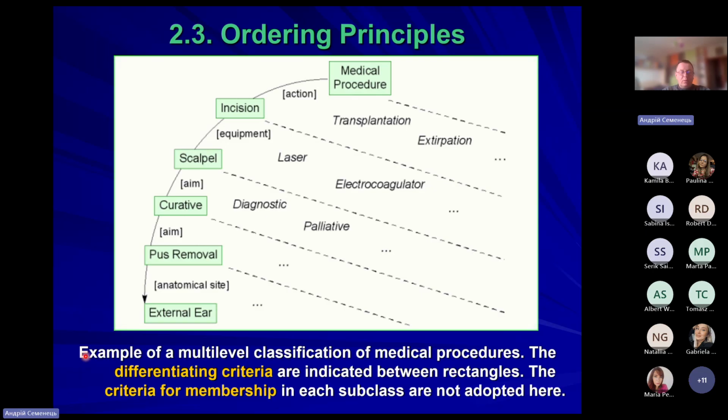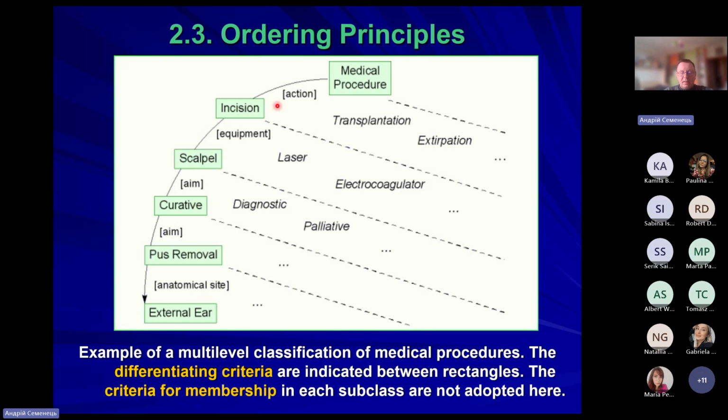So, for example, we have a multi-level classification for medical procedures. Here, we have a general definition, procedure incision, that shows what kind of tool has to be used, what kind of diagnostic activities have been made, and the anatomical site.